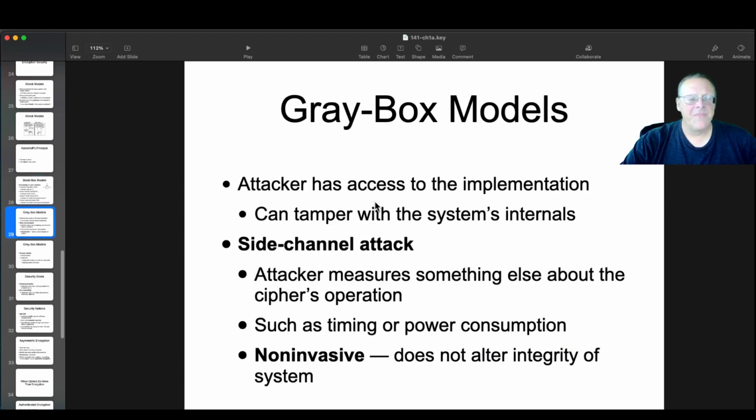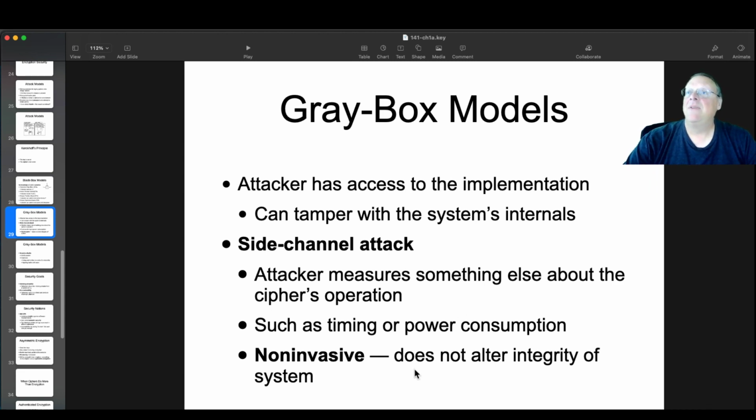All right. Then there are gray box models, where you have access to the implementation and you can tamper with the internals. So these are attacks like side channel attacks. You measure something else, like the radio emitted by it, or the timing or the power consumption of the device actually doing the encryption. And that's non-invasive.